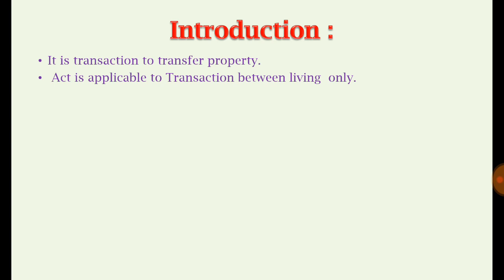So it is not applicable to those transactions that are caused by the operation of law, by will, by inheritance, etc. Such transactions are not covered. All those transactions which are voluntary, between parties to transfer their property, are covered by the Act.